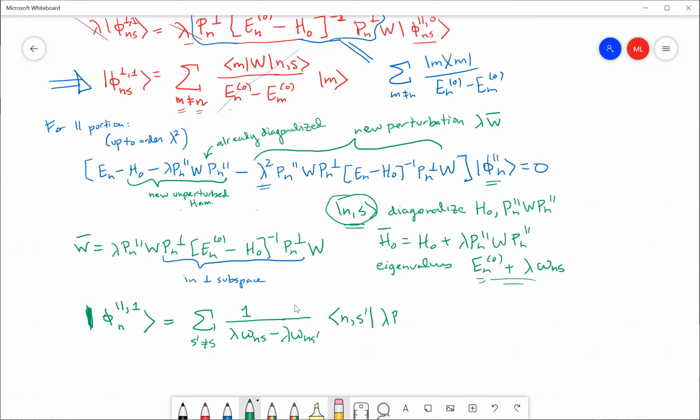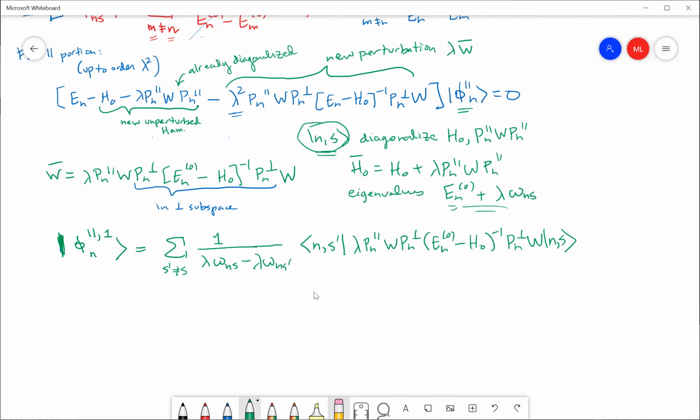Lambda Pn parallel W Pn perp. Then we have these differences in, so we just substitute in for omega bar.